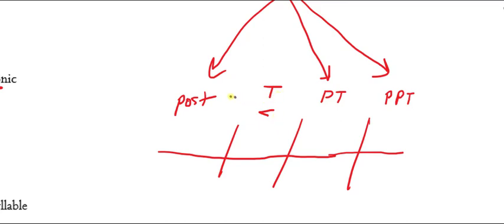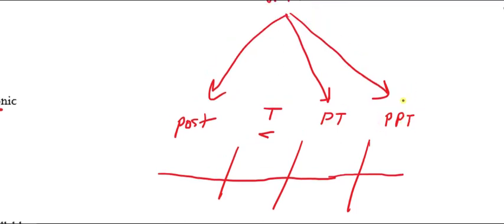Any syllable that comes after it is called the post-tonic syllable. The T stands for tonic. PT stands for pretonic. That means that if the tonic syllable is here, the syllable before it is pretonic. And any syllable that is 2 before the tone or the tonic syllable is called propretonic.